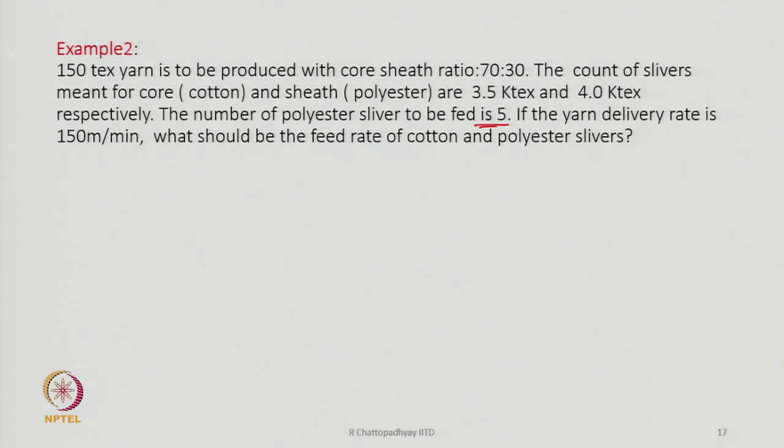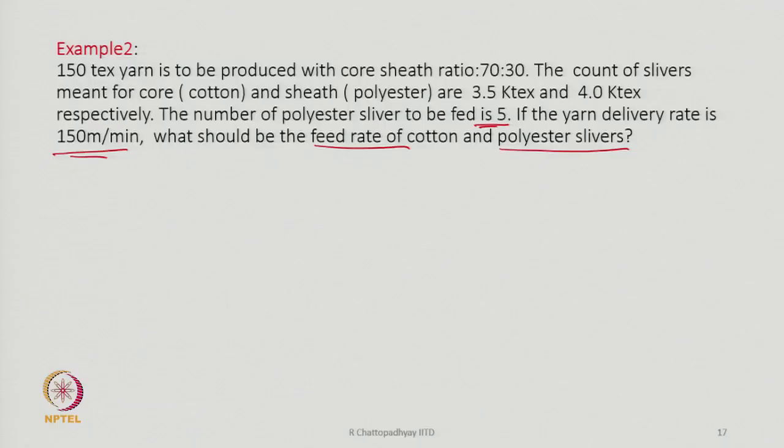If the yarn delivery rate has to be 150 meters per minute, what should be the feed rate of cotton and polyester slivers in this case? What should be the feed rate of cotton and polyester slivers? Because accordingly, we will adjust the feed rate of both cotton slivers and polyester sliver.